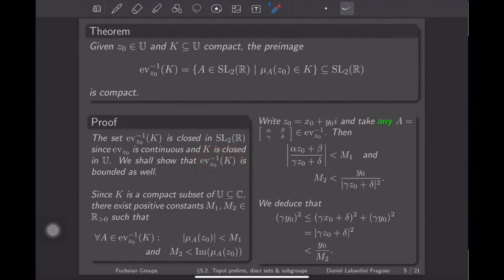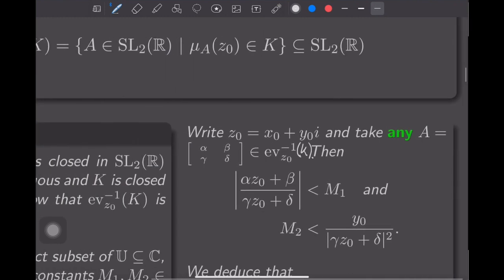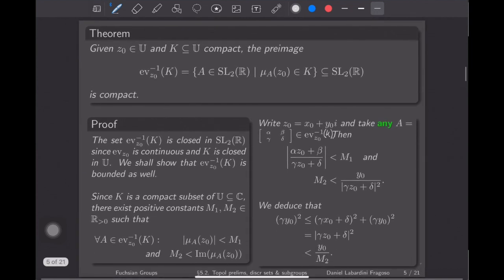And for that, what I'm going to do is, when I write the corresponding matrix for any element here, I'm going to see, entry by entry, that they are bounded. Okay, so that's what I'm going to do.